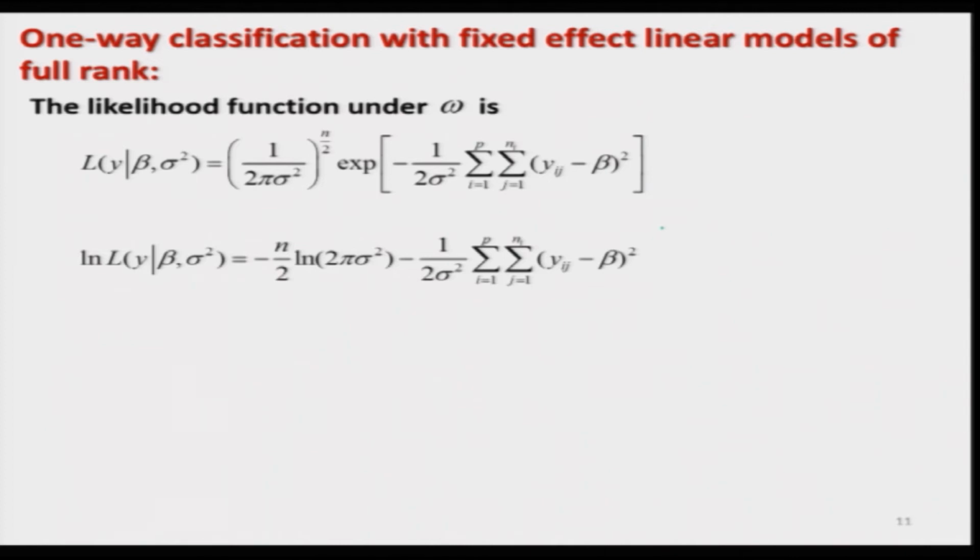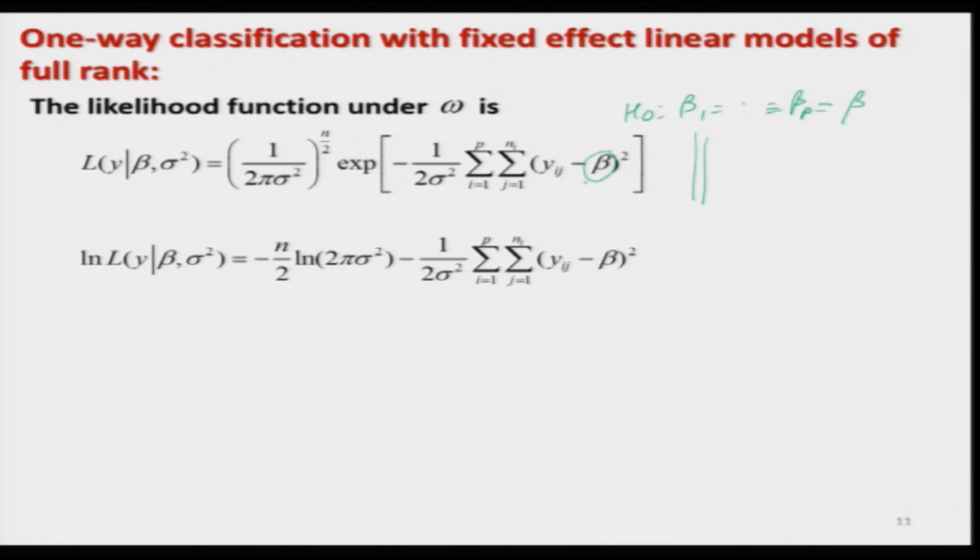So, now we try to do the same algebra and follow the same steps under small omega. The likelihood function is going to be like this, but now we are replacing beta i by beta, because under H naught all beta 1, beta 2, beta p are assumed to be the same as beta.